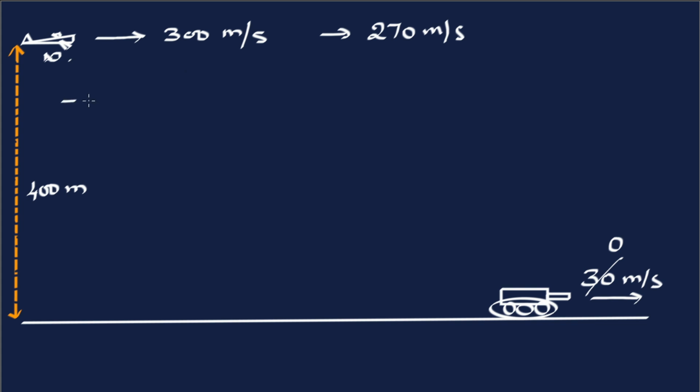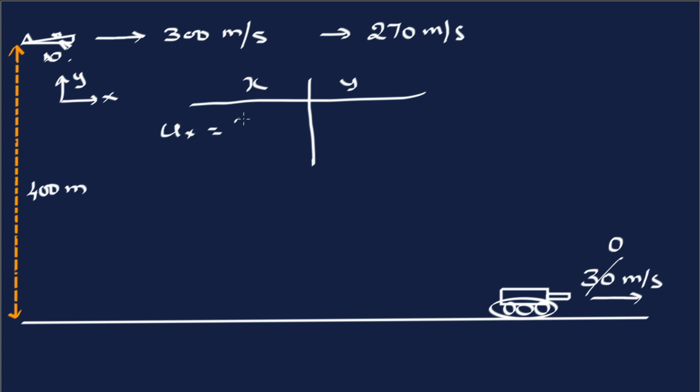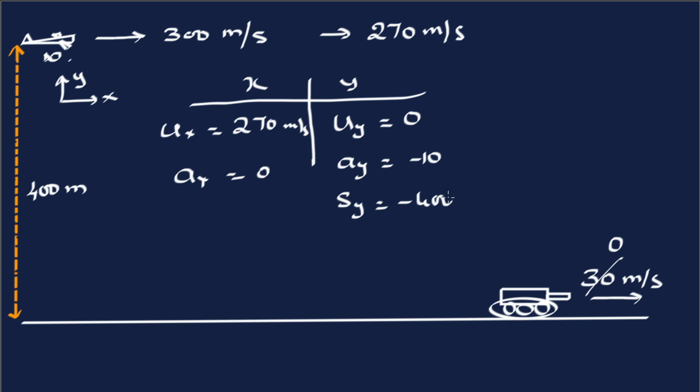So as always, x-axis to the right, y-axis pointing up, and let's separate the motions in the x and the y directions. As far as the bomb is concerned, its initial velocity in the x direction is 270 meters per second. Its y component of its initial velocity is 0. Acceleration in the y direction is minus 10. Acceleration in the x direction is 0. Displacement in the y direction is minus 400.